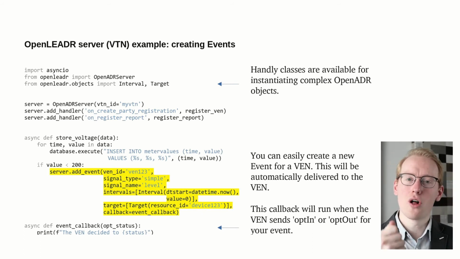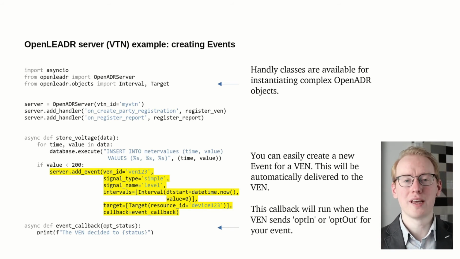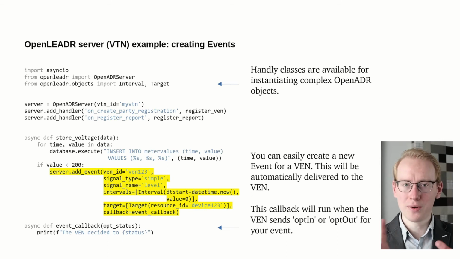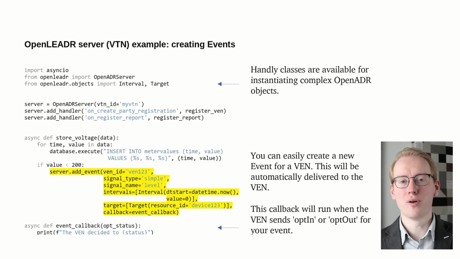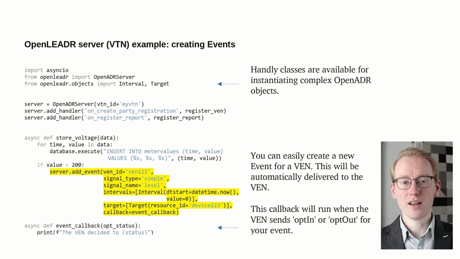And you also give it a callback so that once the opt-in or opt-out response comes in, you'll be notified if the event actually took part in it or not. Again, it's very simple. And this event will be put onto a queue. And whenever the VEN does the poll, the automatic queuing mechanism will supply this message to the VEN, and everything else happens automatically.